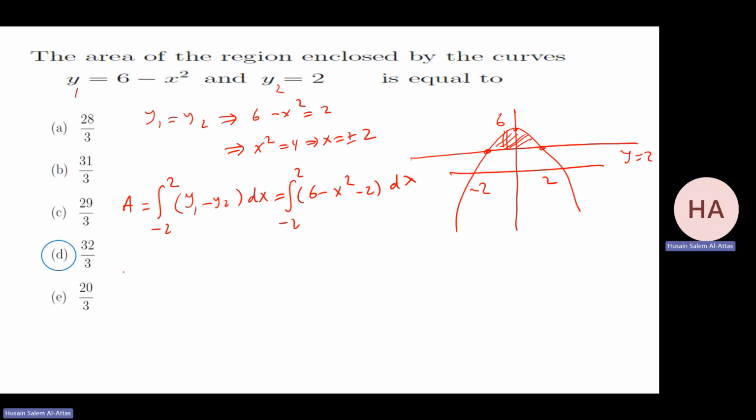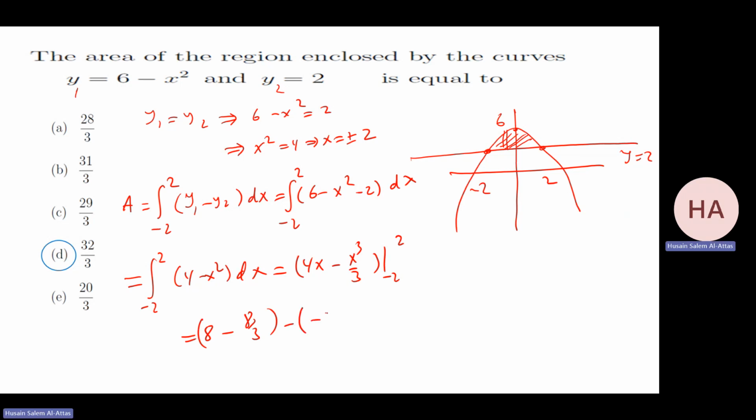That gives me what? 4 minus x squared dx. That gives me 4x minus x cubed over 3 from minus 2 to 2. That gives me 8 minus 8 over 3 minus (minus 8 minus 8 over 3).